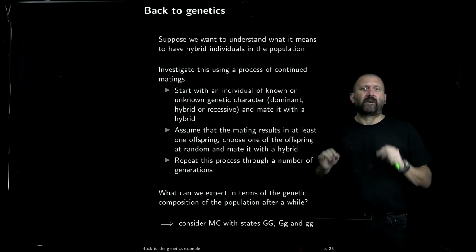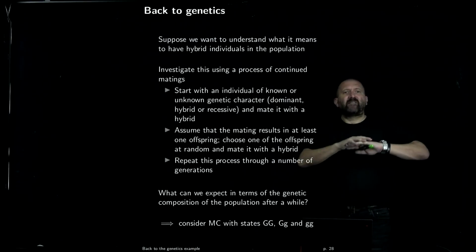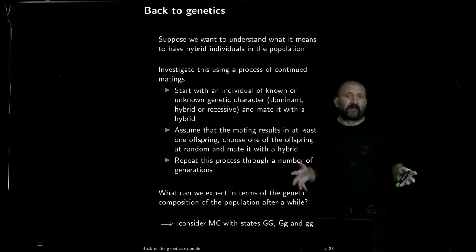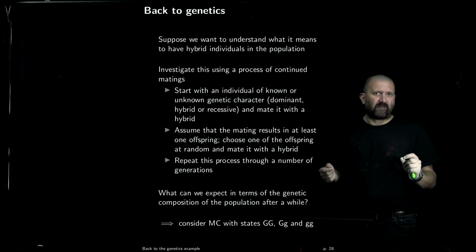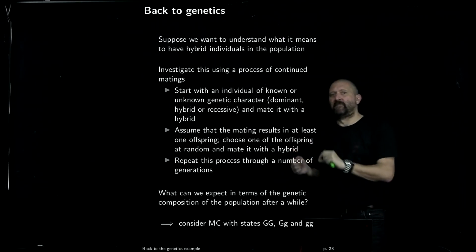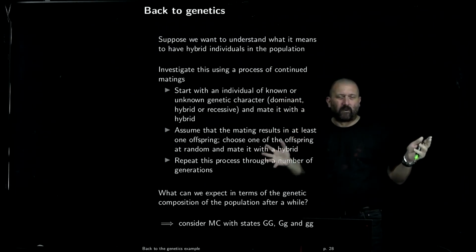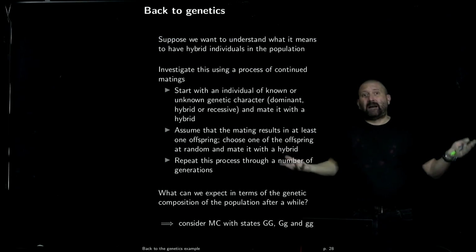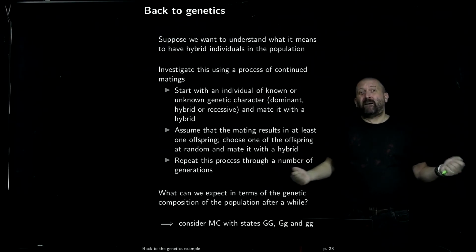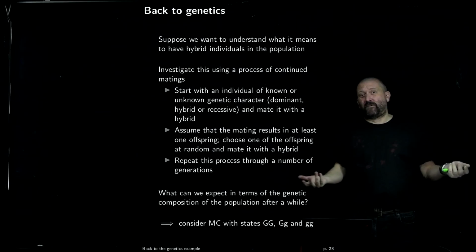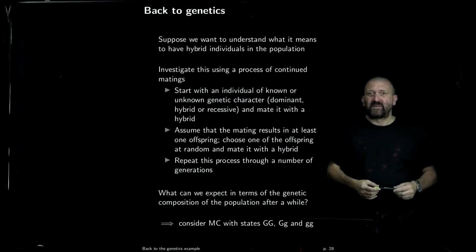Okay, you start with an individual that has either you know what it is, and in that case it's good. So for example, I would say, oh, that one is hybrid, or I say this one is dominant. I don't know, or I just say I don't quite know what's in there, and I would like to know what it does.